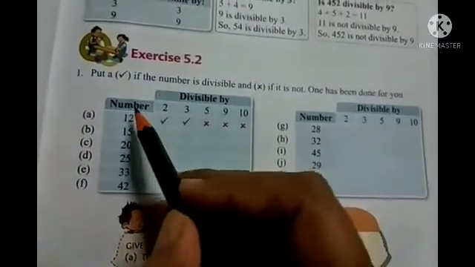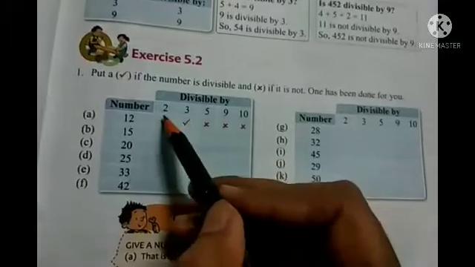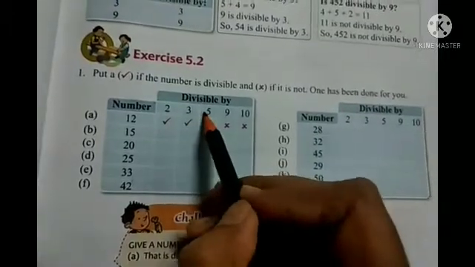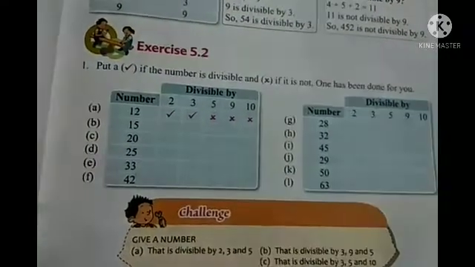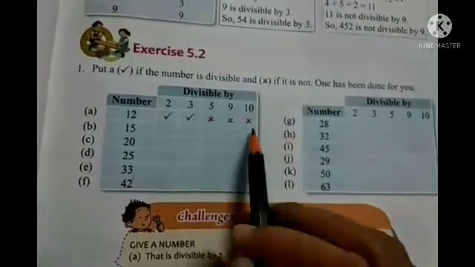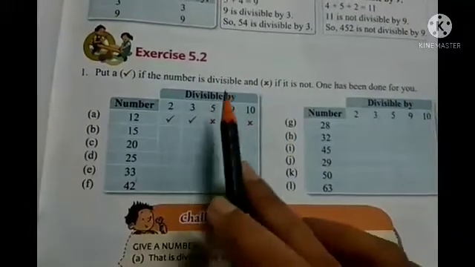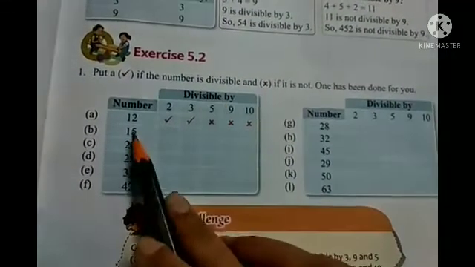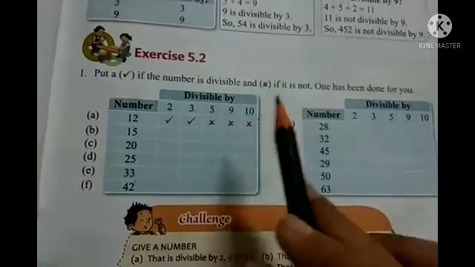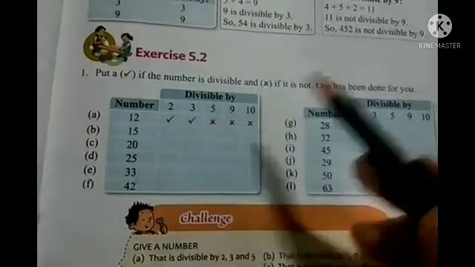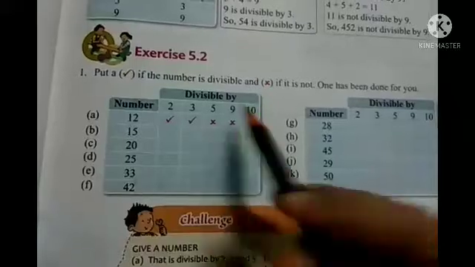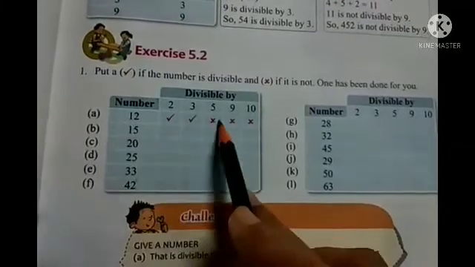And you have to say whether they are divisible by 2, 3, 5, 9 or 10. All these 5 numbers we already learned, right? I told you how we can find out whether the numbers are divisible by these numbers or not. If it is divisible, we have to put a tick, and if it is not, we have to cross it.